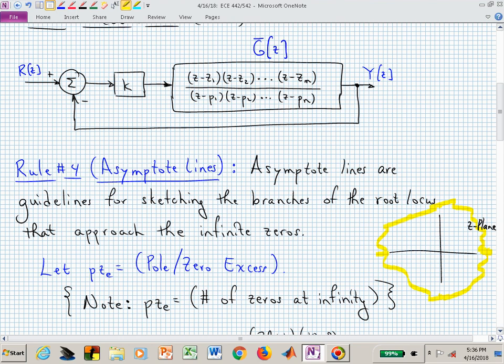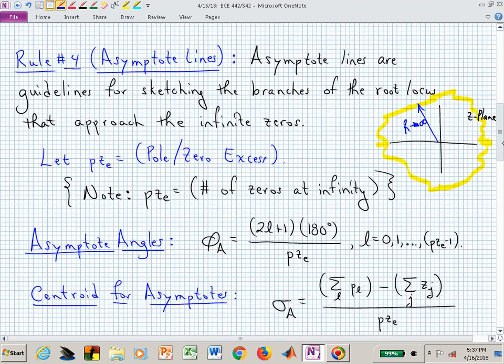Infinity means that we're somewhere on this circle where we're letting r go to infinity. Is that clear? So when I say zeros at infinity, they could be going in many different directions. It's not just the one zero that might be zipping off at minus infinity on the real line. It could be going in any particular angle.